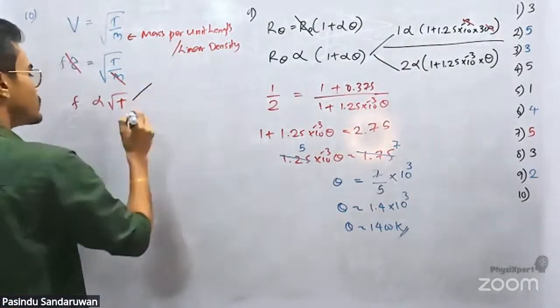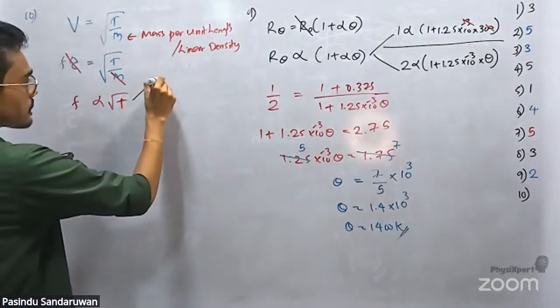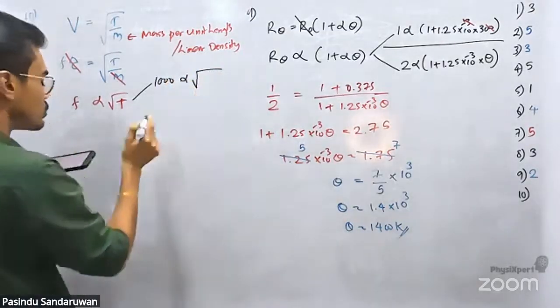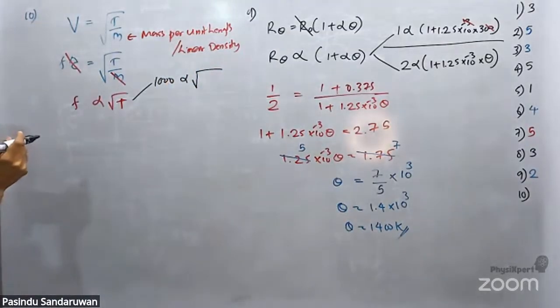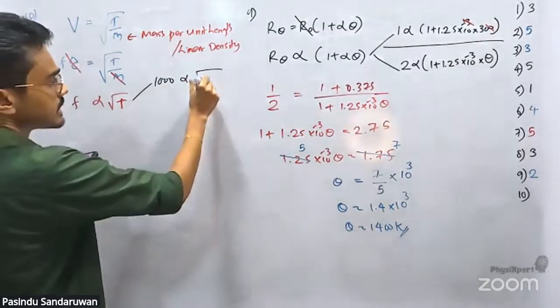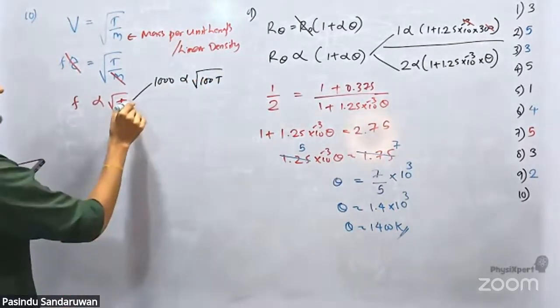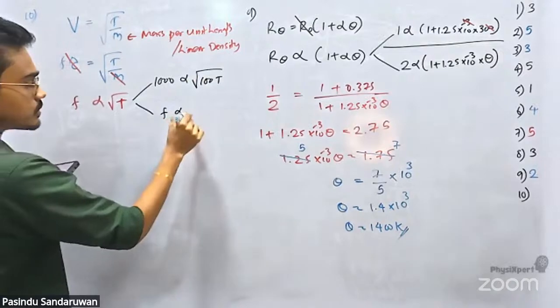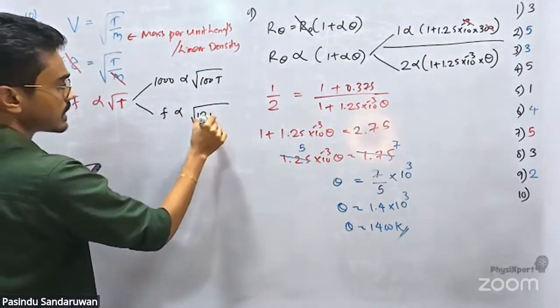For the first scenario, 1000 is proportional to root of 100 T, considering the initial scenario as 100 T. For the second scenario, F is proportional to root of 121 T, since there is an increase by 21%.